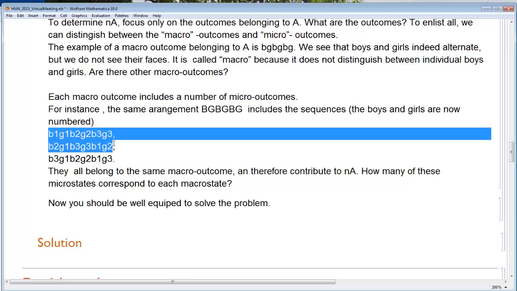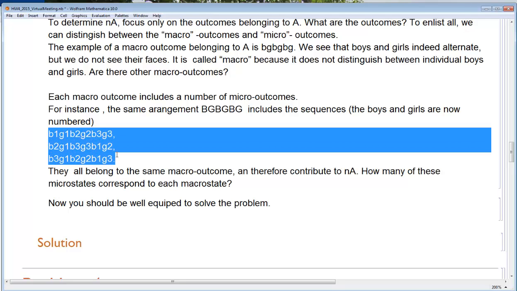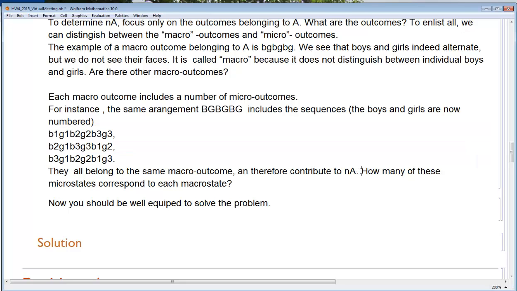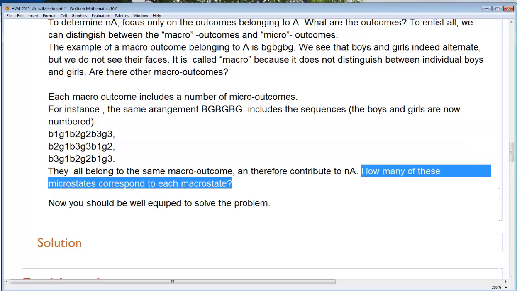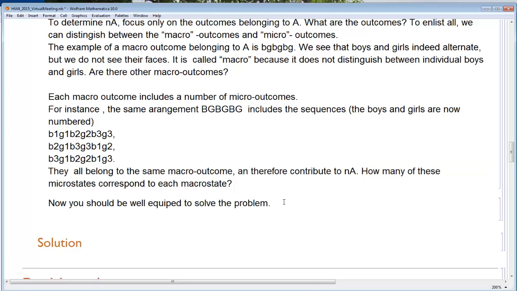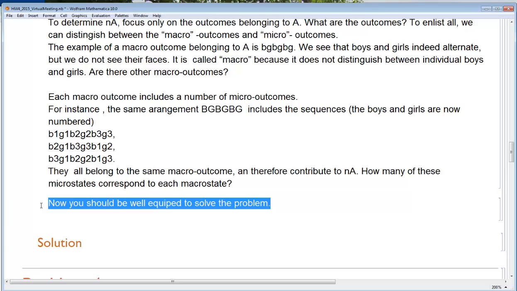So now they have numbers, they have faces, and we can see that a macro outcome is a group of outcomes corresponding to different arrangements of the boys and girls within the same pattern, BG, BG, BG. So how many micro outcomes in each of the macro outcomes? This is for you to find out. Now we should be well equipped to solve this problem.